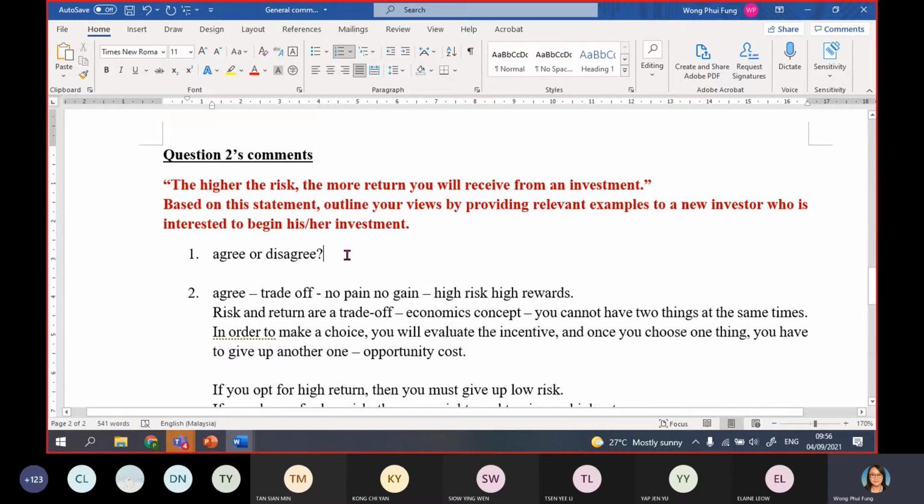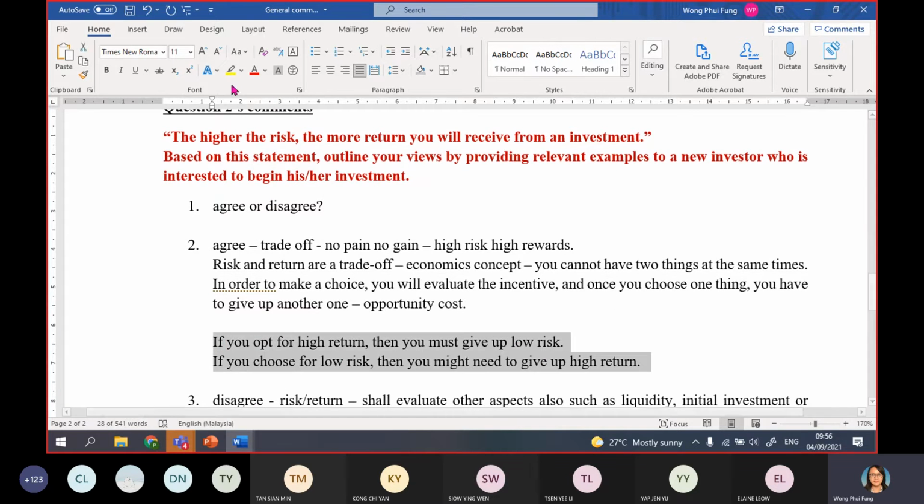If you agree, then you have to justify why you agree, because risk and return is a trade-off. That is the economic concept, because you cannot have two things at the same time. So make a choice. If you opt for high return, then you have to give up the low risk. If you choose lower risk, then you might need to give up the high return.